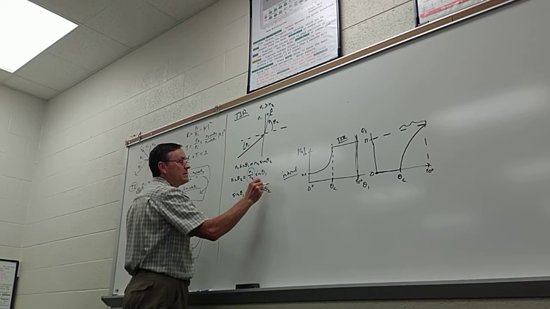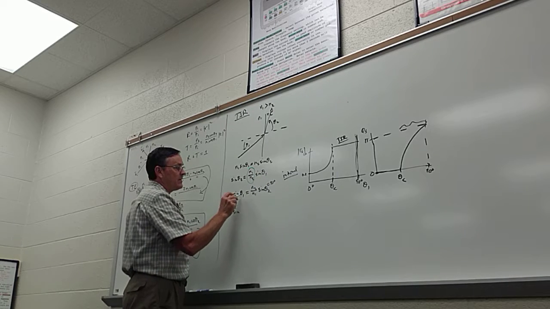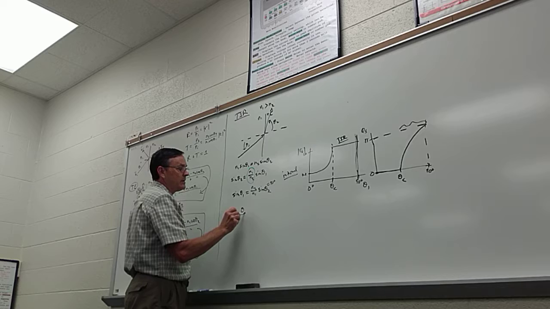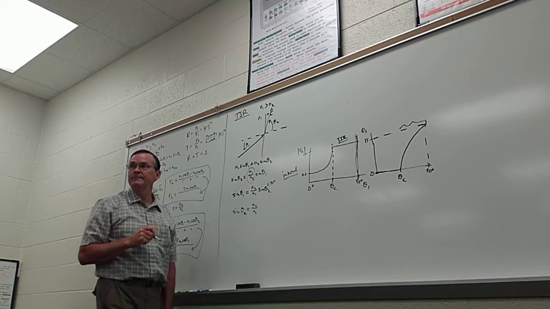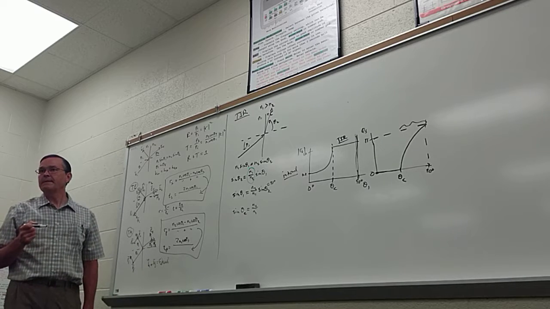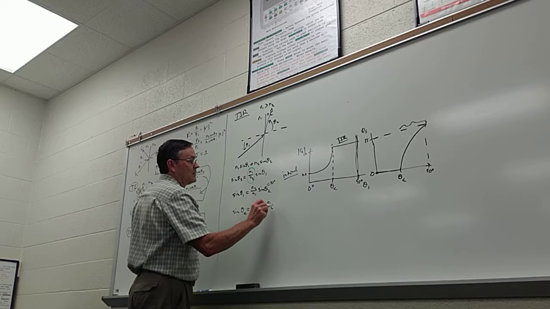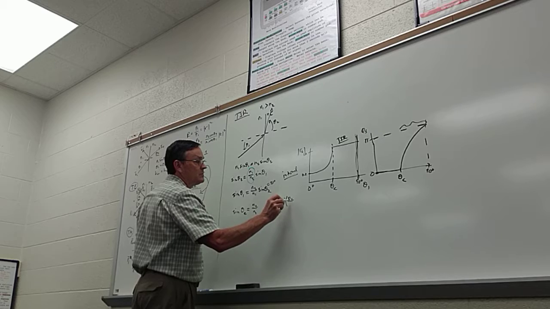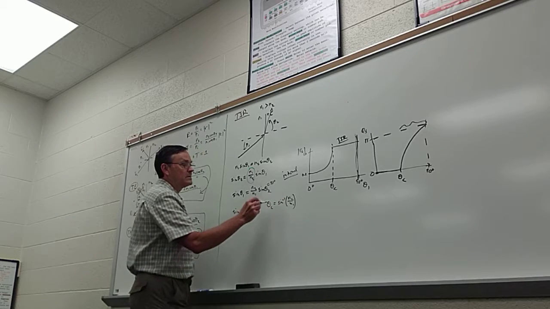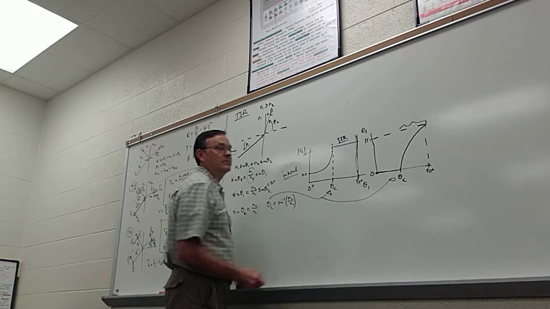If this is 90 degrees, then we say that theta 1 is the critical angle, and sine theta 1 is n2 over n1, which is less than 1. And so the critical angle beyond which total internal reflection occurs is the arc sine of n2 over n1. So that is that critical angle there.